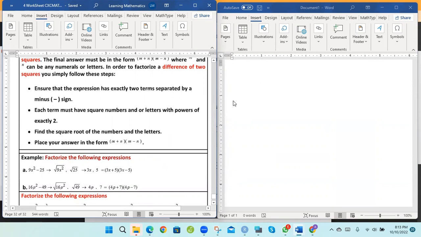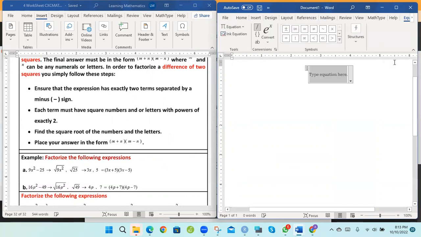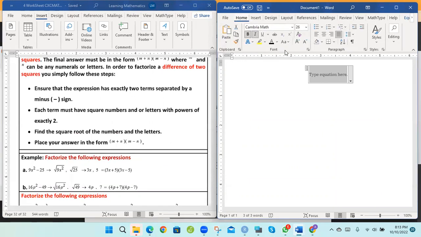Read again those 4 rules. I'm going to pause the recording and wait. Can anyone, or all of us together, create an example like 9x squared minus 25?